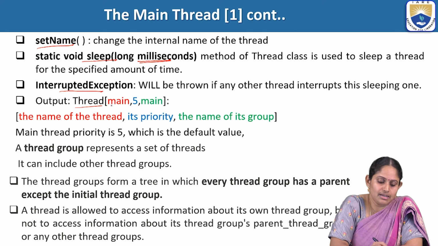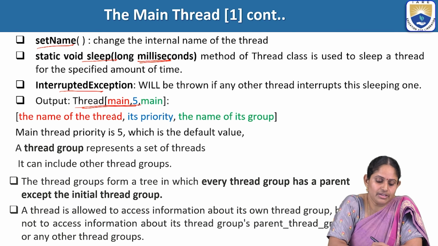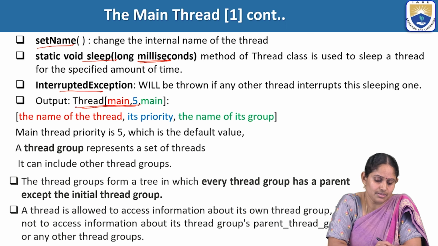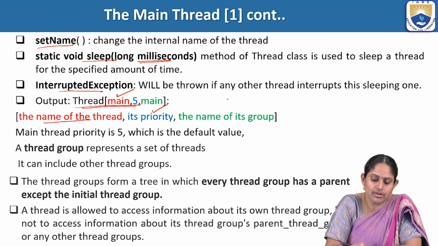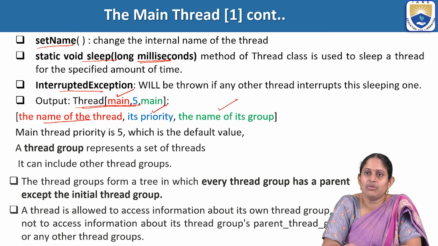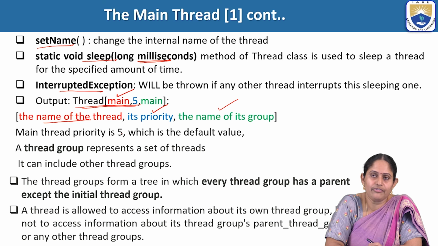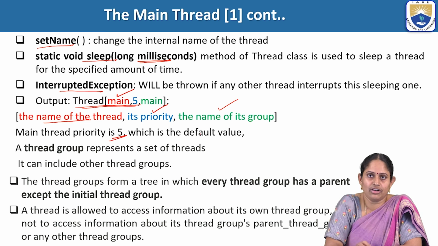Then the output of the thread will be shown like this. When you display it, the first element shows the name of the thread, then its priority, and the name of its group. By default, the main thread priority is always 5, which is the default value.